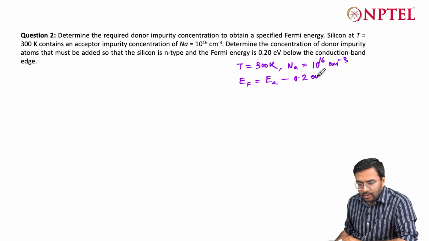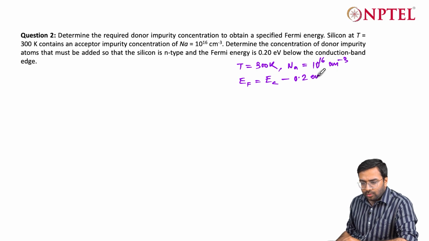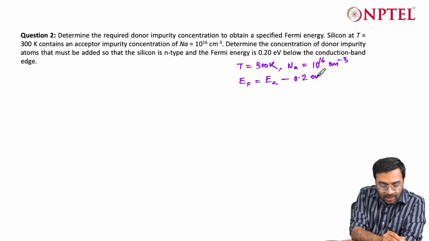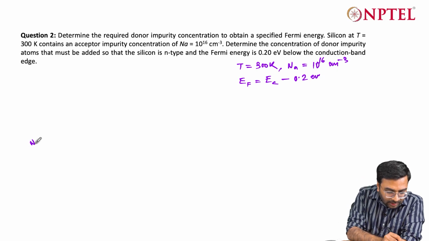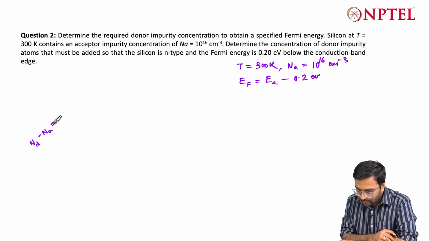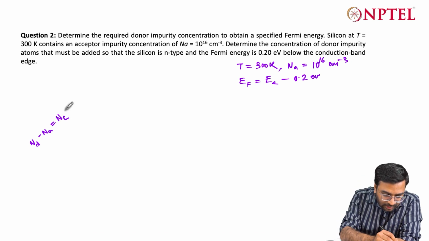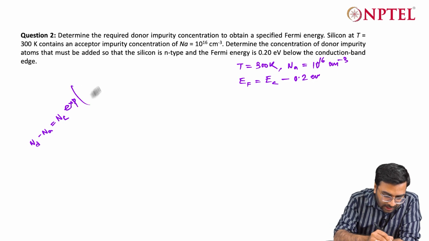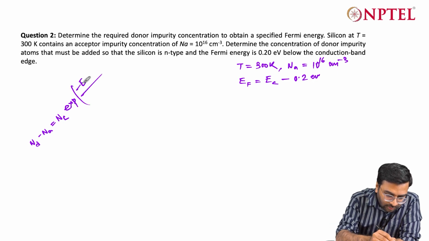Now, we already know the equations like Nd minus Na is equal to Nc exponential Ec minus Ef divided by Kt.